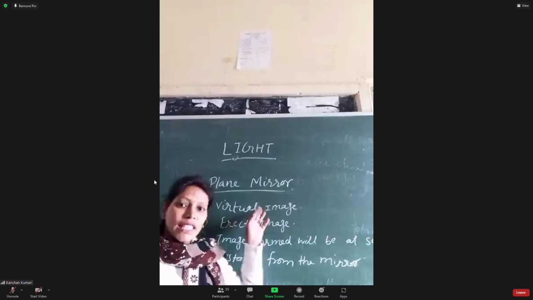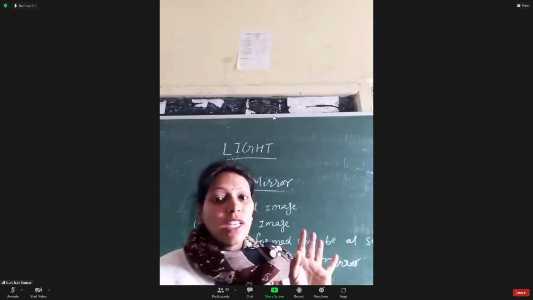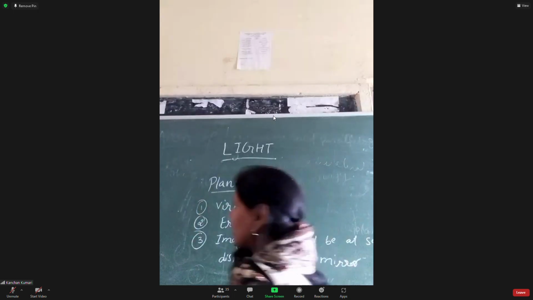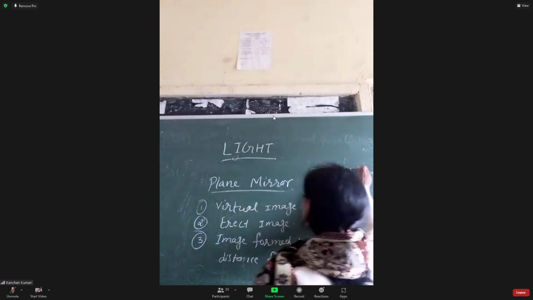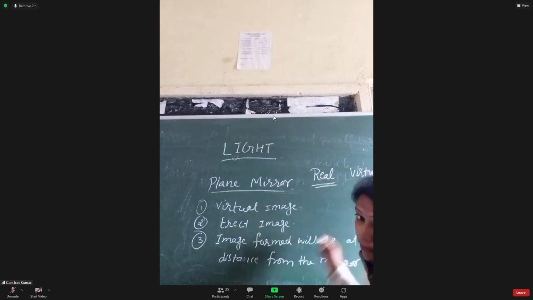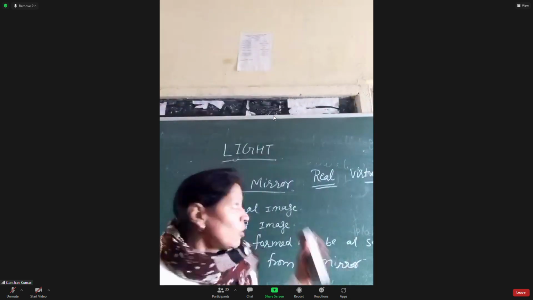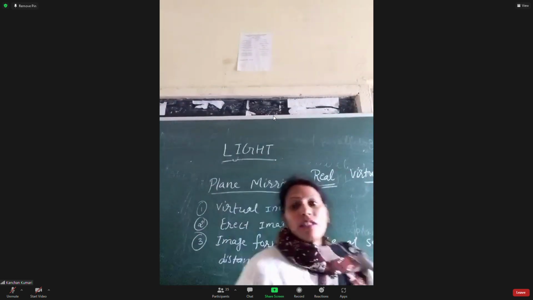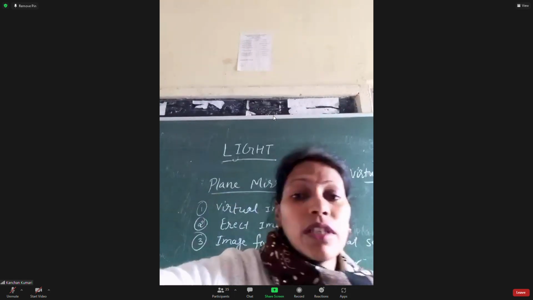Virtual image: a plane mirror forms a virtual image. There are mainly two types of images, real image and virtual image. An image which can be obtained on a screen is called a real image, as we see in the movies on the screen. The image formed in a mirror is a virtual image as it cannot be obtained on a screen.